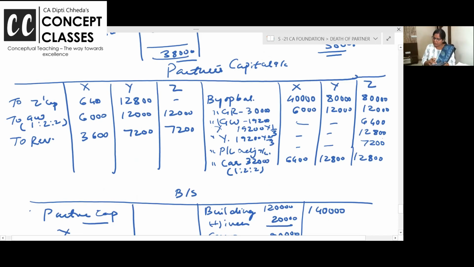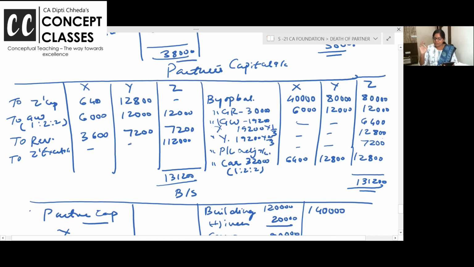80,000 plus 12,000 plus 6,400. I want all of you to pick up the calculator and tally Z's account. Plus 12,800 plus 7,200 plus 12,800. 131,200. 131,200 minus 12,000 minus 7,200. So first of all, Z's executor's account.